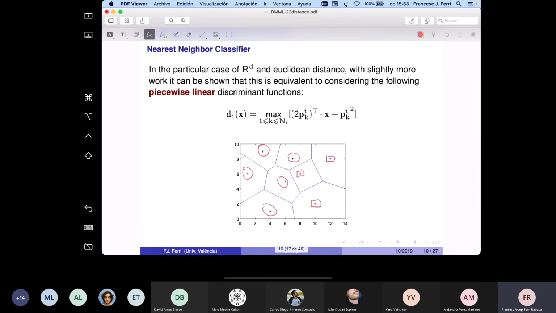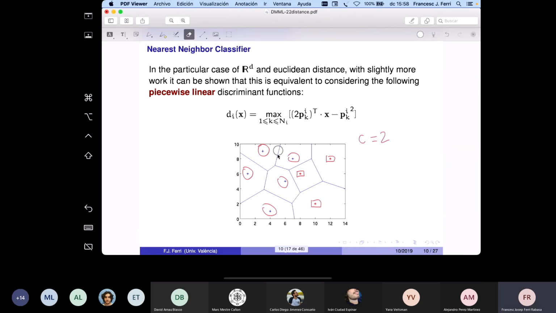So we have 2 classes, C equal to 2. But we can think of each of these examples as if it was a different class. Then we have the minimum distance classifier for 1, 2, 3, 4, 5, 6, 7, 8 classes.